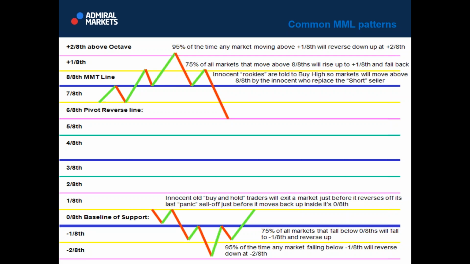One of the advantages of Murrey Math lines is, I'm using an old snapshot, I didn't make it personally, but it's very true, because you won't be buying here, nor will you be selling there. Once you place the lines on your chart, it will be clear which levels and zones are good for short trades, long trades, or no trading at all.